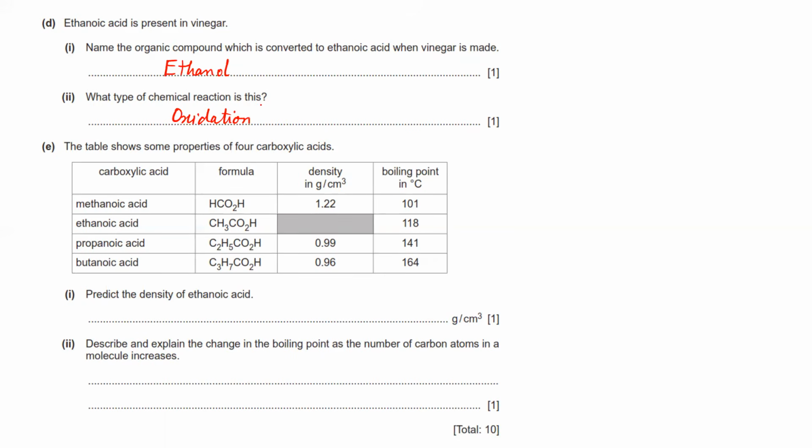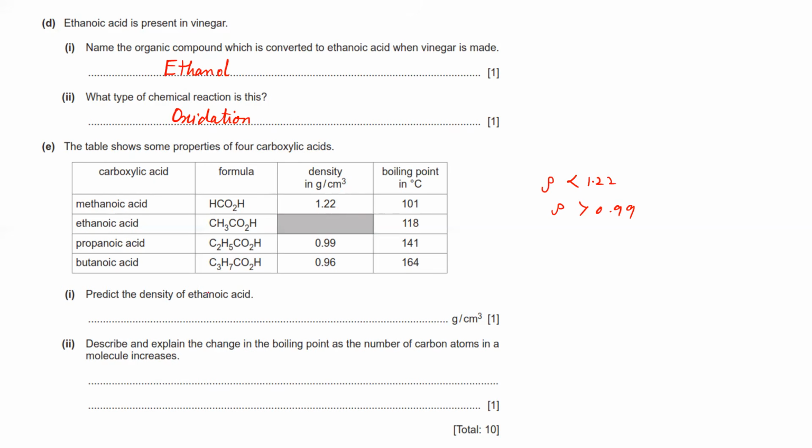Then it says the table shows some properties of 4 carboxylic acids. Predict the density of ethanoic acid. So the density would be less than 1.22 and greater than 0.99.